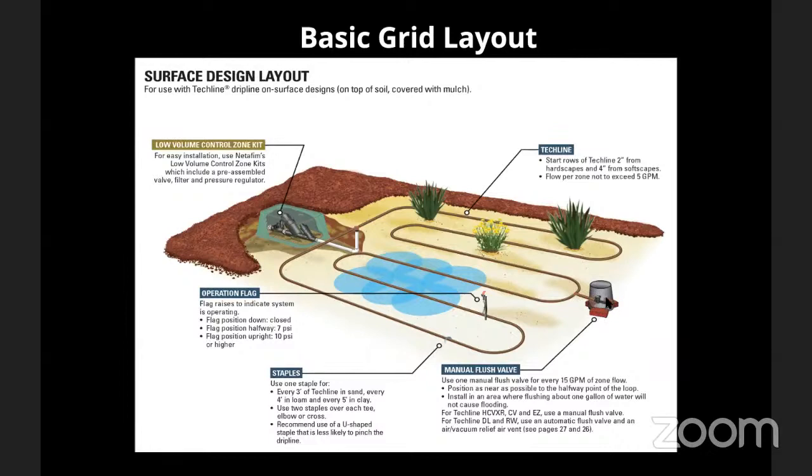Sometimes people just have an adapter and a little screwed-on cap, but I like the valve because it's really easy to just open and close with one person, and it doesn't make a big mess when you do that. If you are just one person and you turn things on at the timer and then you just have a little cap that's unscrewed, then sometimes you're shooting maybe more dirt into the line when it turns off. So the valve is nice because you can just open it and close it yourself quickly.